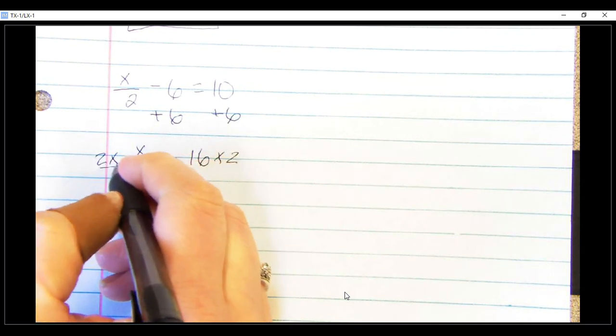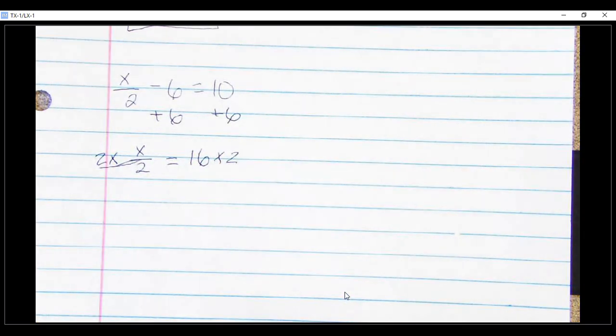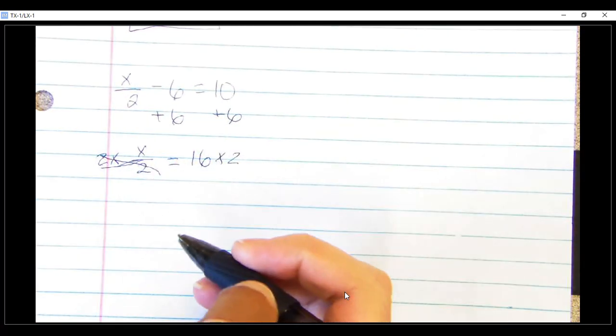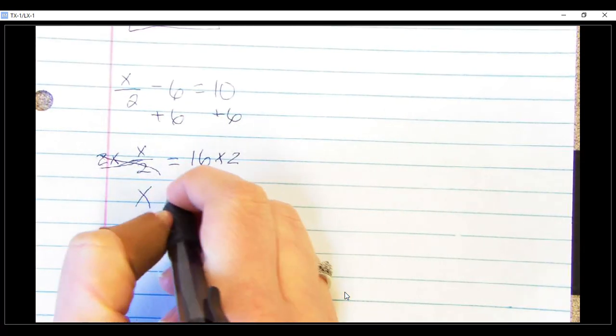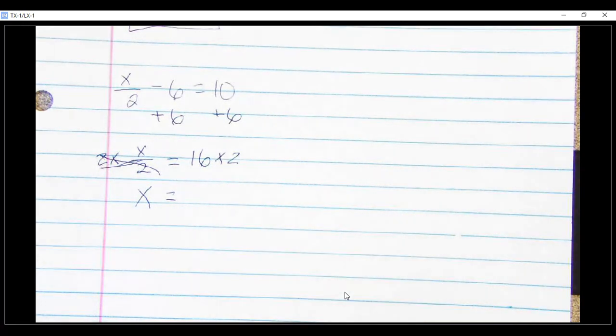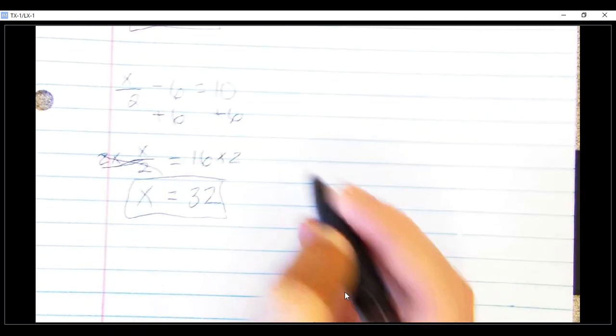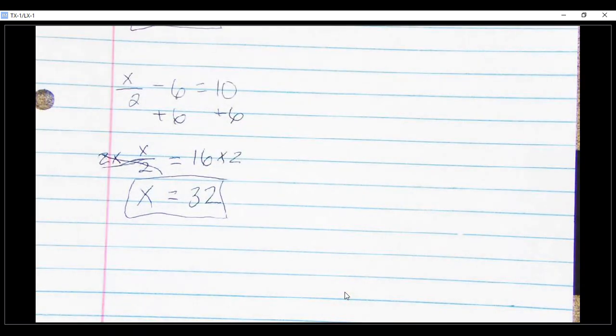So we can just imagine that division line's kind of just extended, and 2 divided by 2 cancels right out, leaving that x all by itself. And 16 times 2 is equal to 32. Great, again, I have my x all by itself, but I am still not done because I need to check my work.